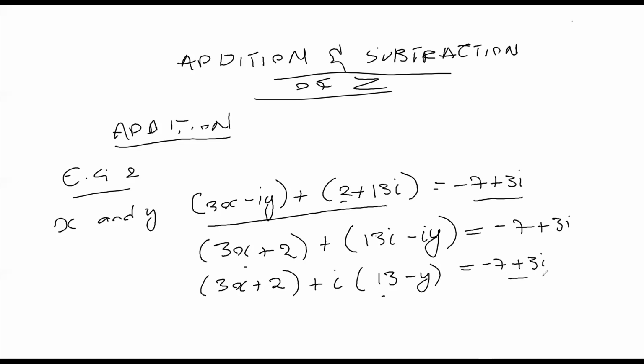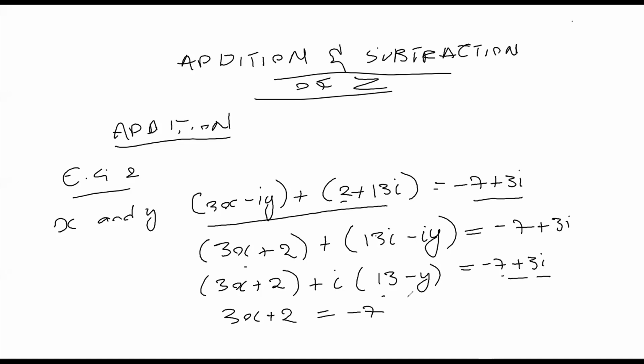So we're going to equate the real part of this complex number to the real part of this complex number, and also the imaginary part to the imaginary part. By doing so, all we're going to say is 3x plus 2, which is the real part of this complex number, is equal to the real part of this other complex number, which is negative 7.